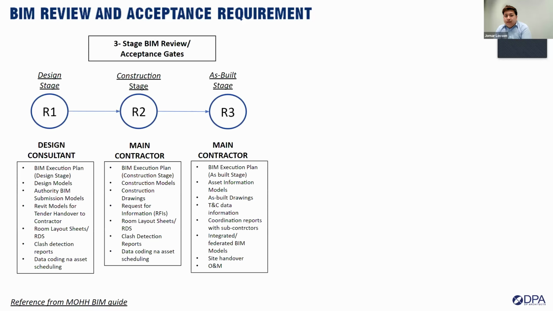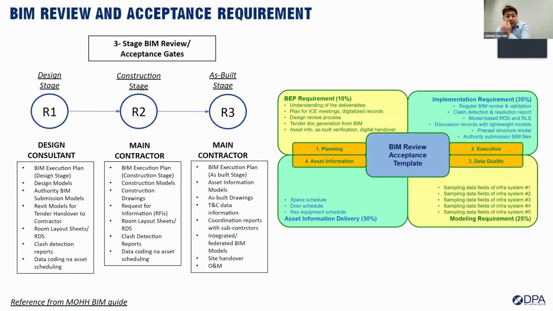Another requirement that we need to take note of for healthcare projects is the 3-stage BIM review and acceptance gates from our client. So we are required to pass at least 60 points for all stage submissions. There's also a checklist for scoring that will be shared with a process of BIM review and submission to the client.